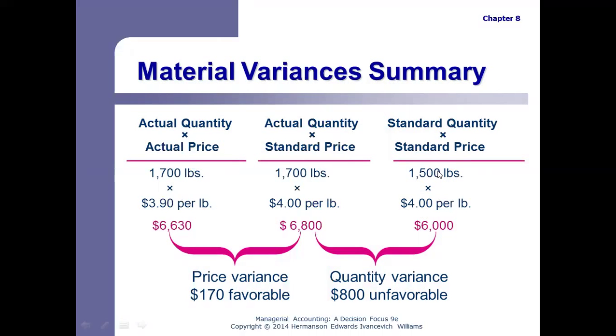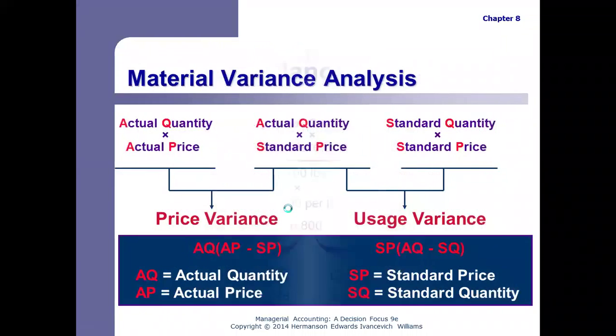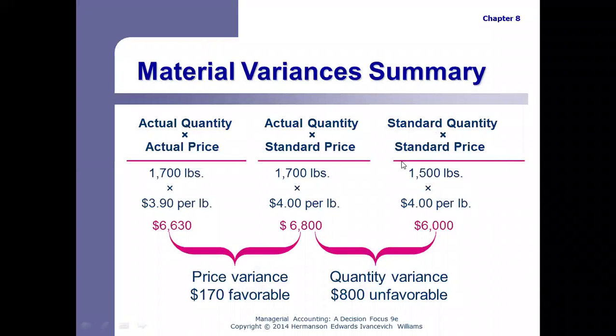For the standards, the far right column, we were given that 1,500 pounds was the standard, because 1.5 pounds each for each unit. We made 1,000 units, so we should have used 1.5 times 1,000, or 1,500 pounds. That was our standard. Here's where we get that standard.